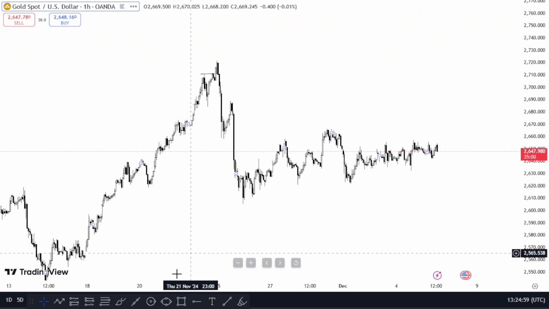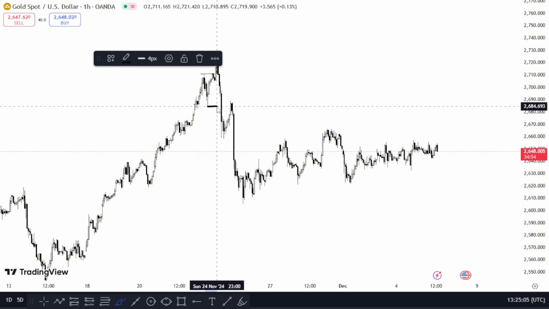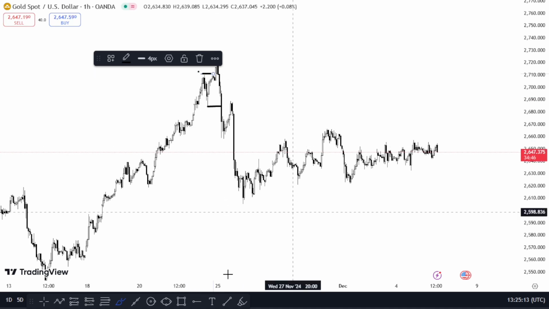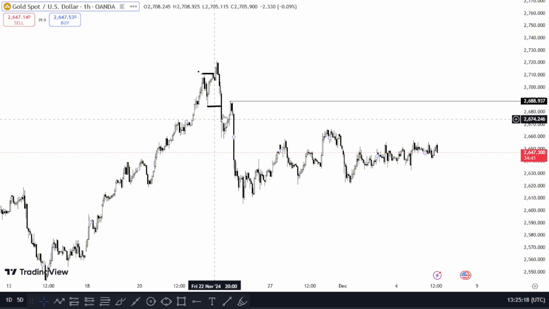Then we have a break of structure right here. Then we have a liquidity sweep right there, and then we have our pullback up to 50%. You see that pullback.